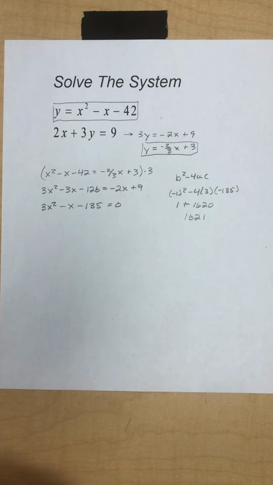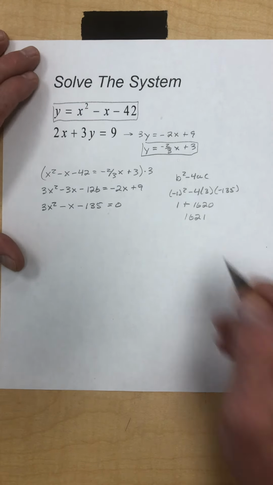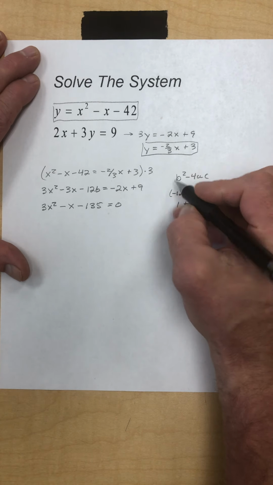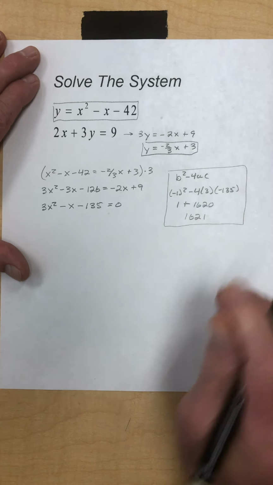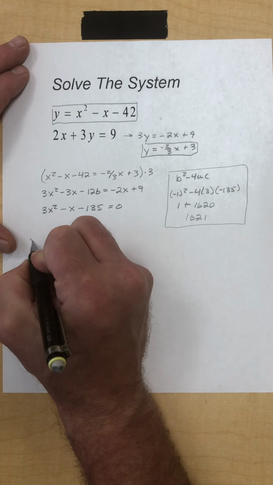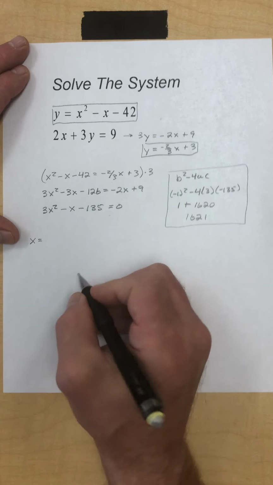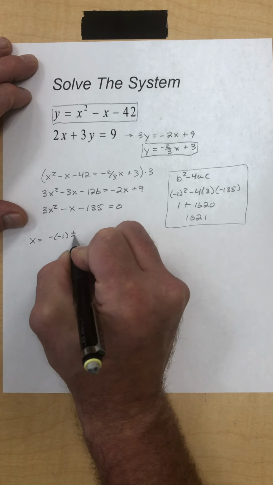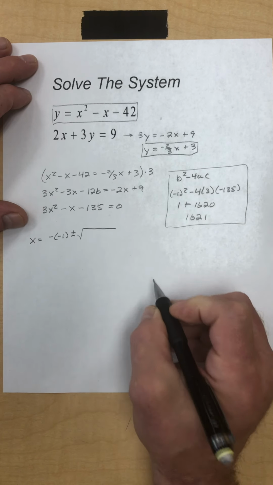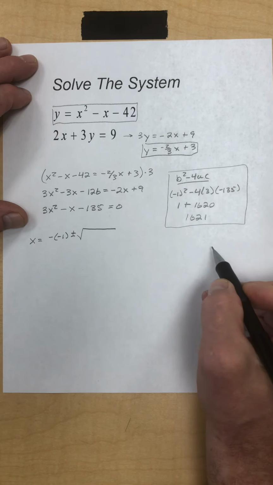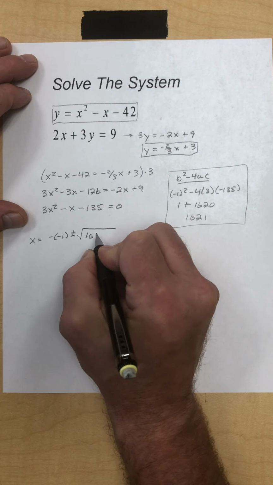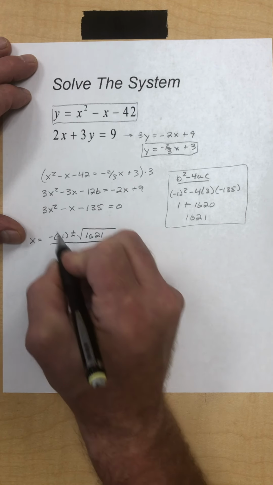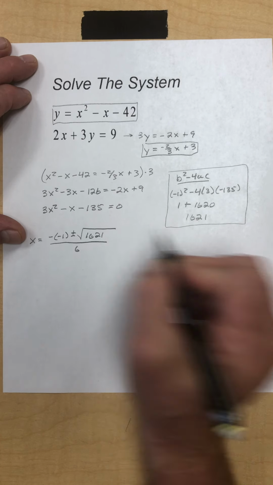And I don't think that's a perfect square. Let me see, square root of 1621. No, that's not a perfect square. So it doesn't factor, so we go to the quadratic formula. x is the opposite of b, so the opposite of negative 1, plus or minus the square root of b squared minus 4ac, that's 1621, all over 2 times a, which would be 6.